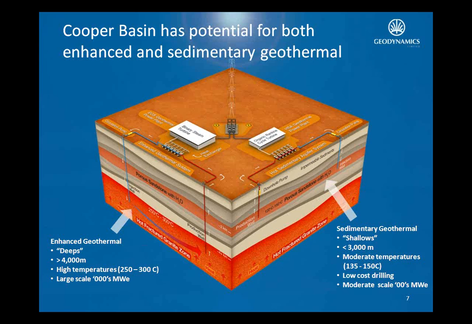Now, the vast majority of that is what we call volcanic geothermal, where the heat is coming from magmatic, volcanic sources close to the Earth, and that's what's providing the heat to heat up water-filled aquifers.